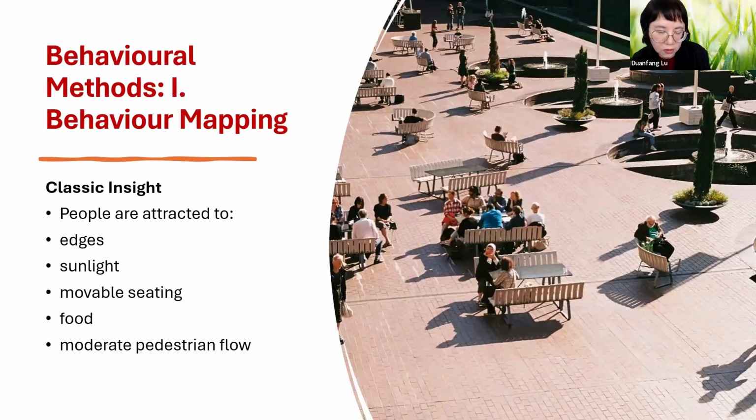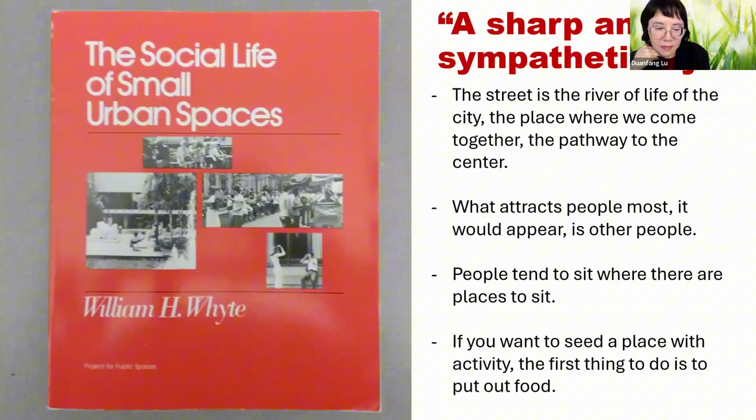So there are a range of insights generated through this method. You can easily determine what elements attract people to come to a particular place, such as seating, such as food. So William White, for example, in his book, The Social Life of Small Urban Spaces, used this particular method to reach some very interesting findings.